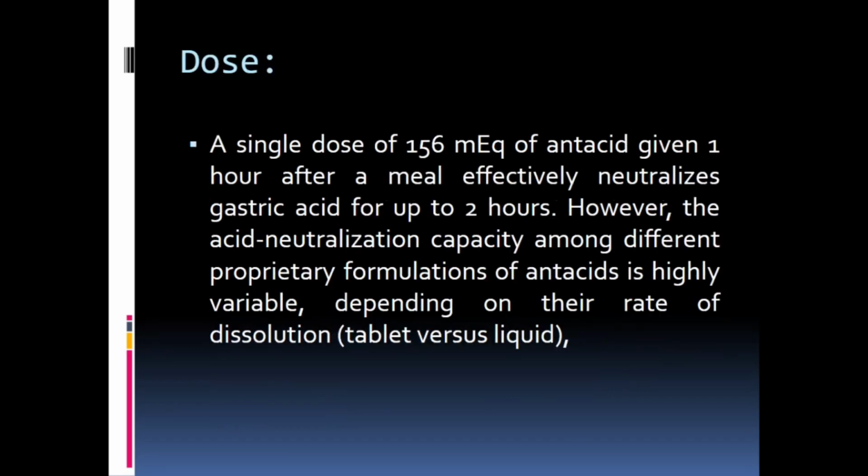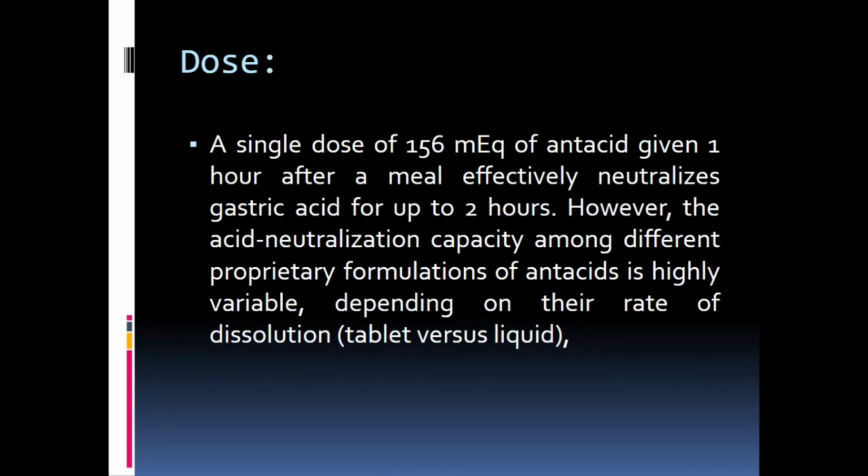Now come to the dose of antacid. A single dose of 156 milli-equivalents of antacid is given 1 hour after a meal. If you recall the mechanism of action and efficacy, I said that it is efficacious if it is given within the time when we are taking food. Why? Because food will stay in your GI tract for at least 2 hours, and when we take the antacid, its effectiveness and neutralizing ability will increase due to the presence of food.